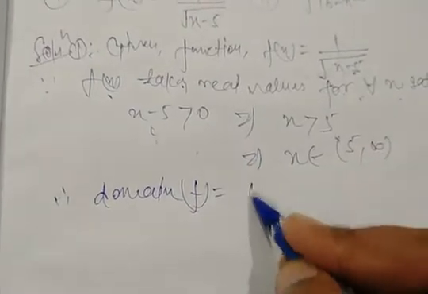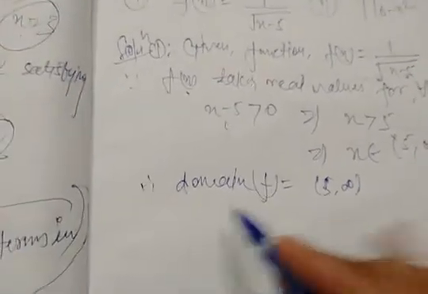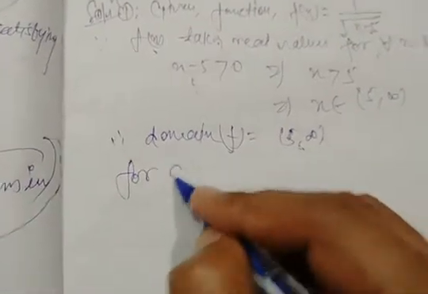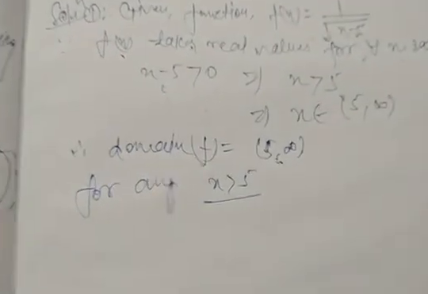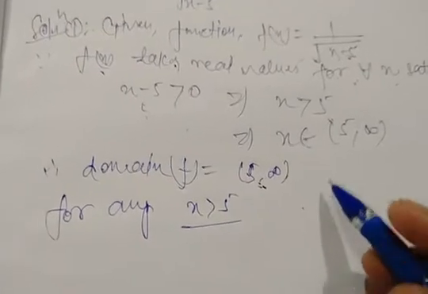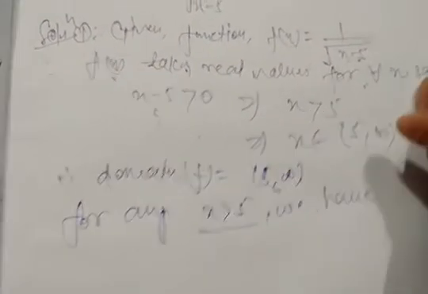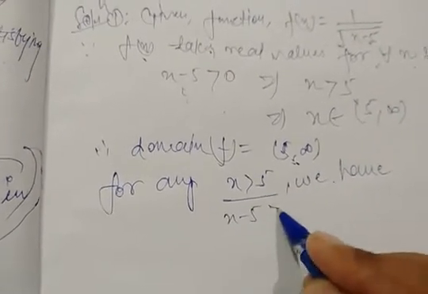Since the domain of that function is 5 to infinity, for any x greater than 5 we have x minus 5 greater than 0.